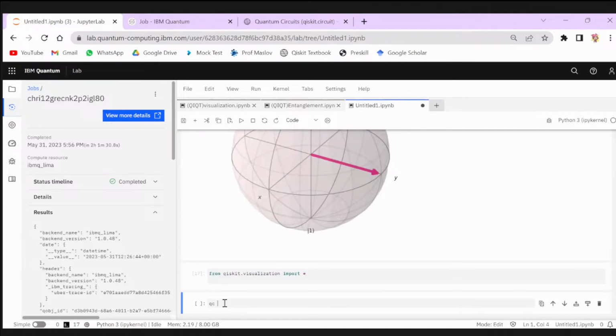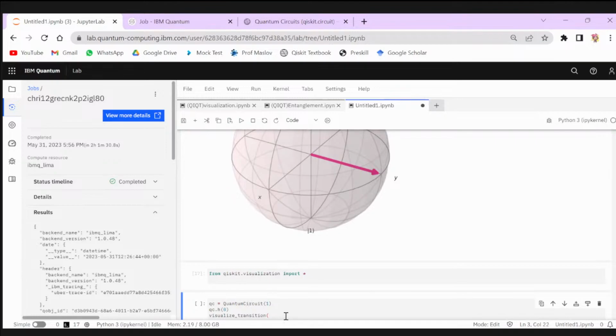Let's define a quantum circuit with a single quantum register. Then let's apply the Hadamard gate.